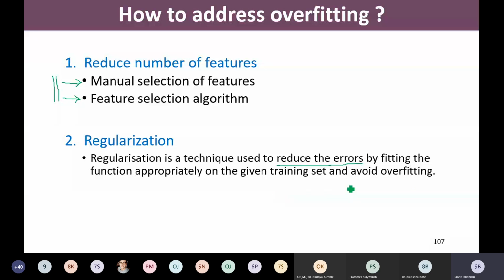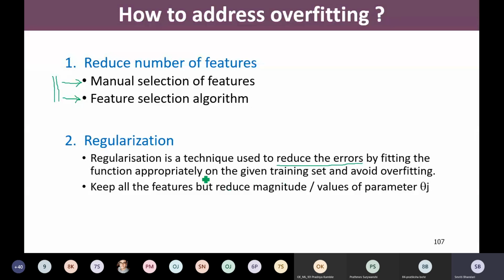So to avoid overfitting, one of the solutions is to make use of the technique known as regularization, which helps us to reduce the error by fitting the function appropriately. In this particular method, we are not at all going to eliminate any of the features, but instead we are going to keep all the features.